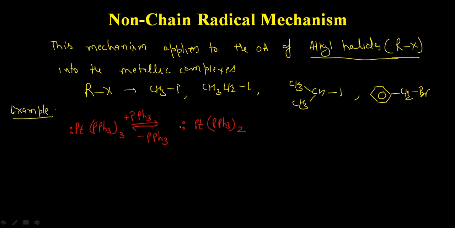The loss of this triphenylphosphine results in the formation of a vacant site. Now alkyl halides can coordinate through their sigma bonds at this vacant site.